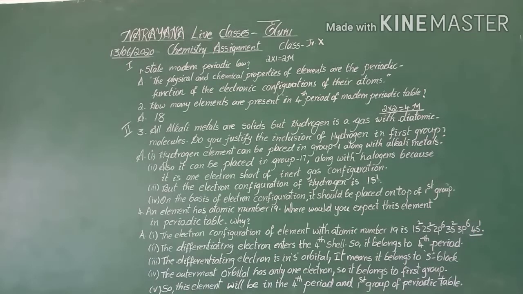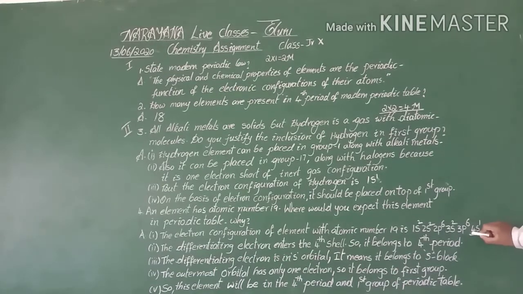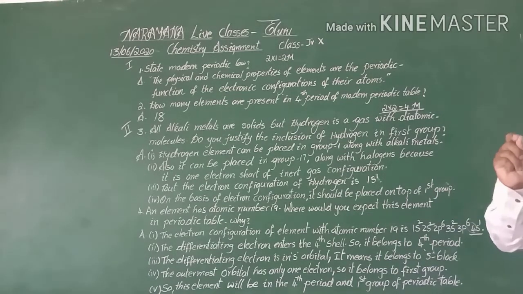So here the electron is present in the s orbital, that means the element belongs to the s block, and it is present in the fourth shell. The number of the shell indicates the period number.